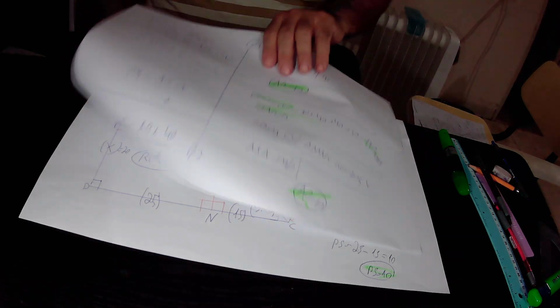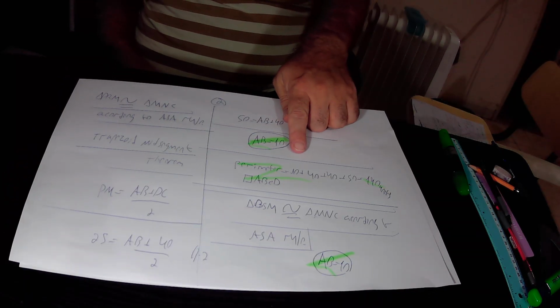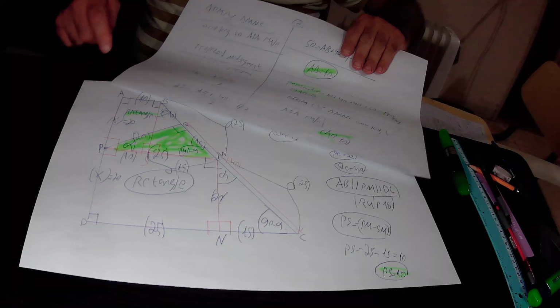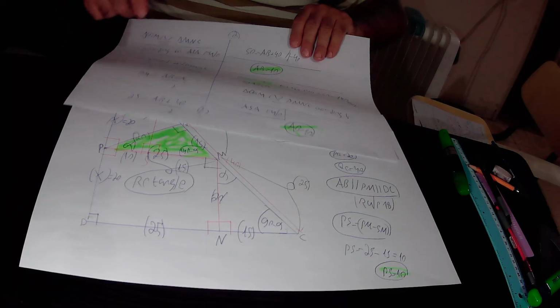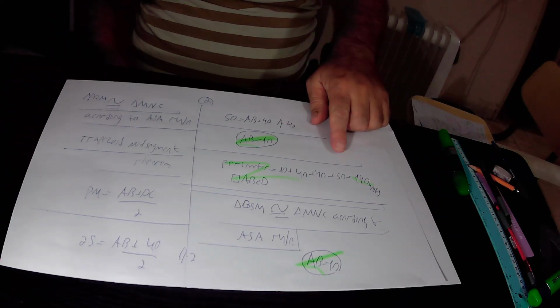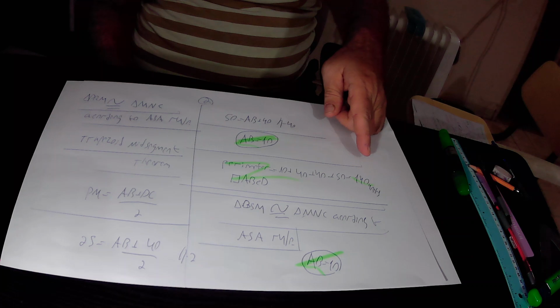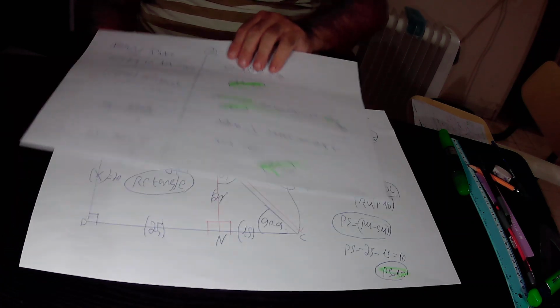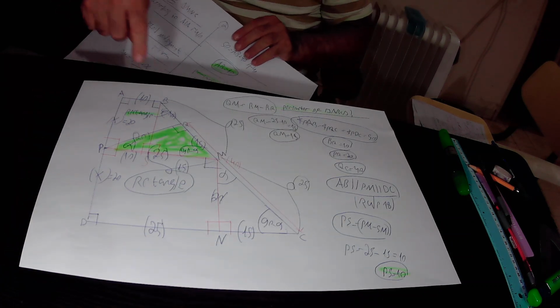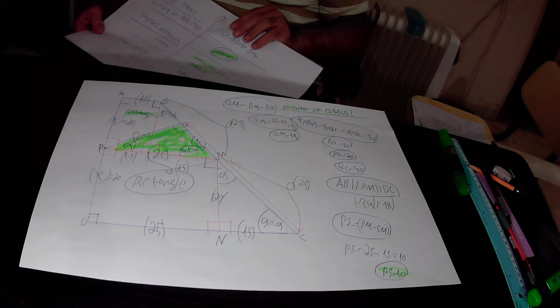Again, the perimeter of quadrangle ABCD equals 10 plus 40 plus 40 plus 50, which equals 140 units in length.